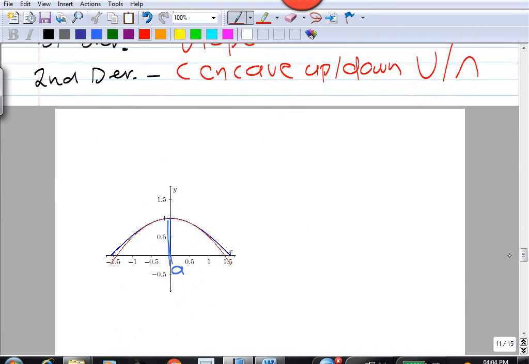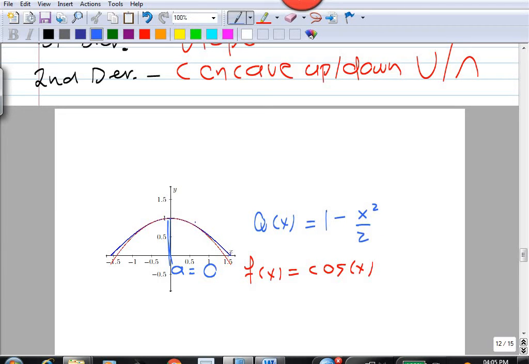Here I've plotted the graph of the function f of x is cos x in red, and in blue we have the quadratic q of x, where we've taken a to be 0, and in this case it is 1 minus x squared over 2.